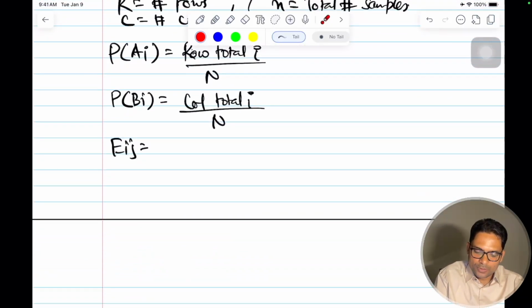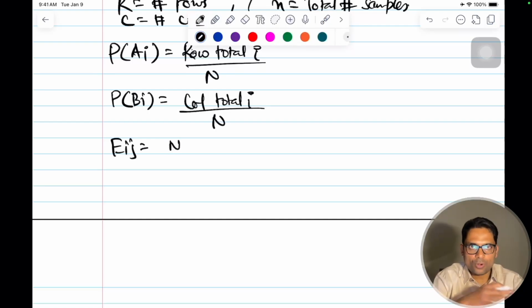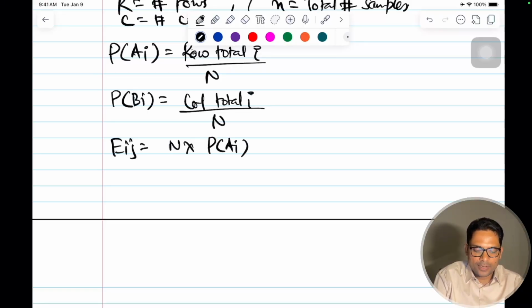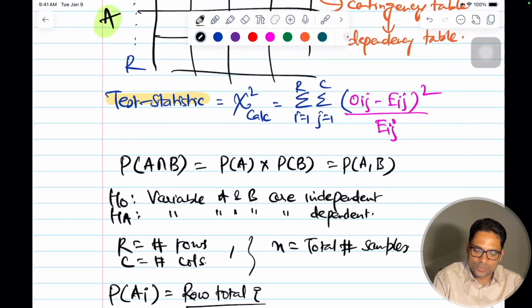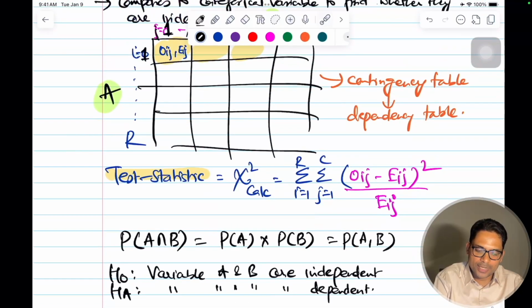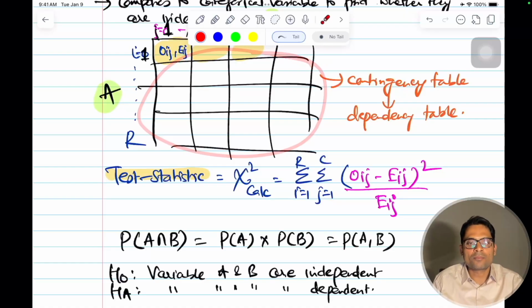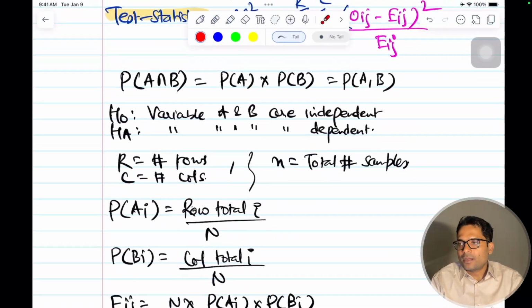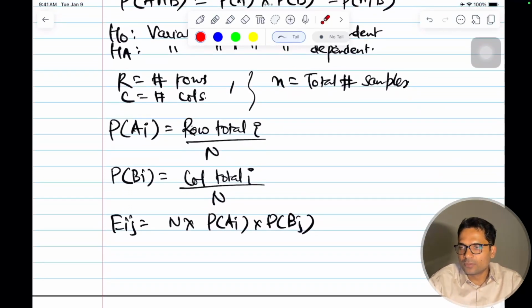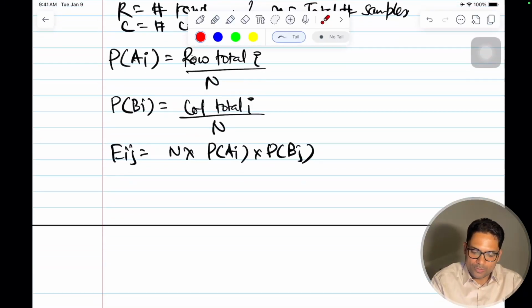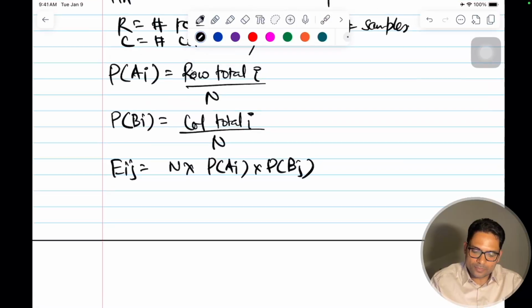So this will be equal to, and expected ij for all the cells will be n into probability of A_i into probability of B_j, because there will be n cells, right? R into C, there will be n cells. Okay, how do we reach this formula? Okay, expected value.